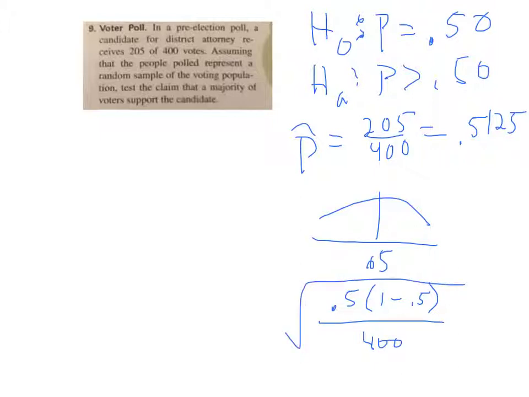So let's see, that's 0.25 divided by 400, and we take the square root of that. So I'm getting a standard deviation of 0.025.